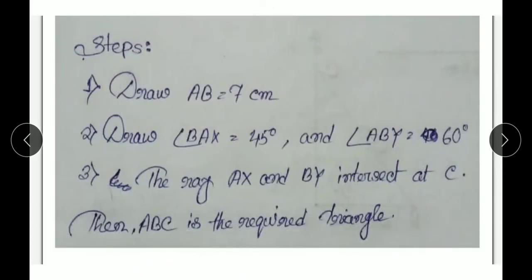Now from this calculation, draw a line AB of length 7 centimeter. After that draw angle BAX at 45 degrees and angle ABY equal to 60 degrees. After that the rays AX and BY intersect at C. Then ABC is the required triangle.